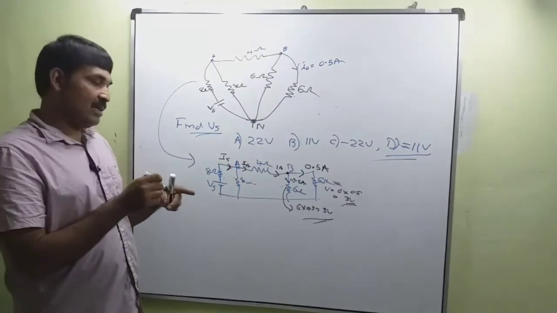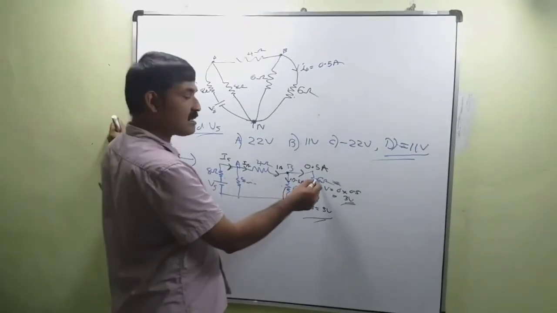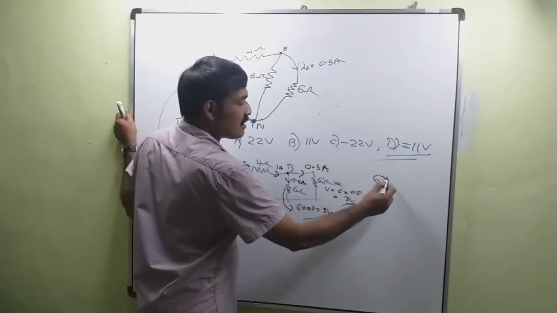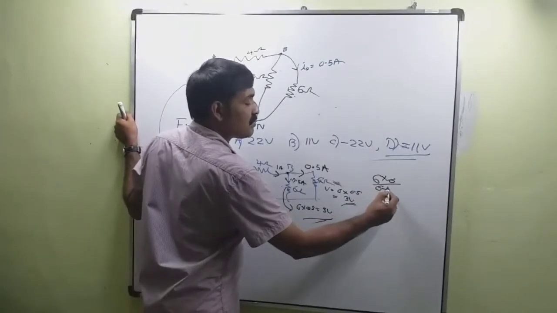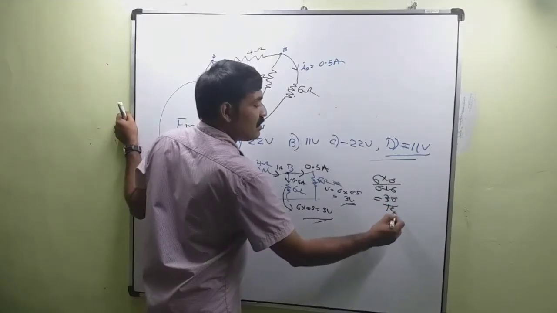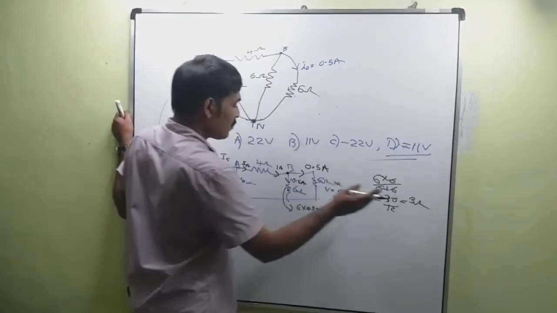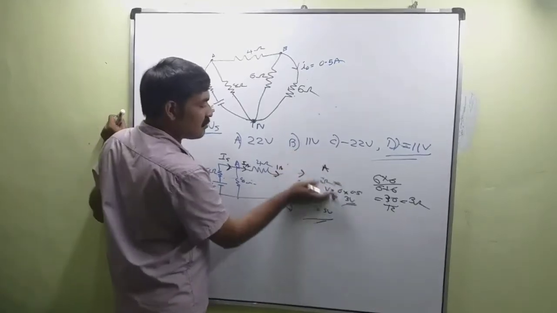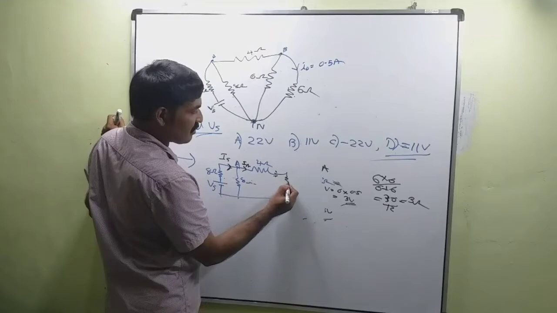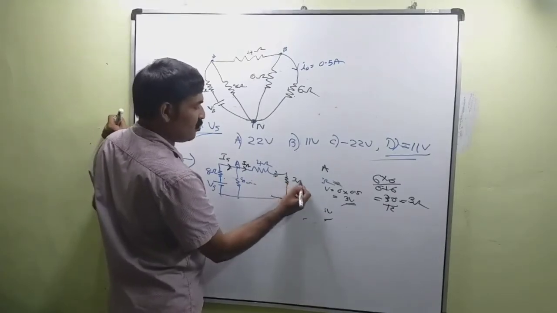Now let us simplify the circuit. The 6 and 6 are in parallel. So the effective resistance becomes 6 × 6 divided by 6 + 6, that is equal to 36 by 12, which is 3 ohm. So the circuit is simplified to an equivalent resistance of 3 ohm.